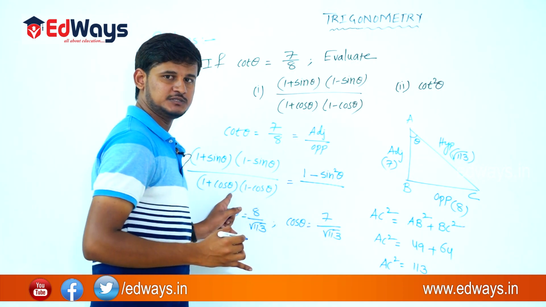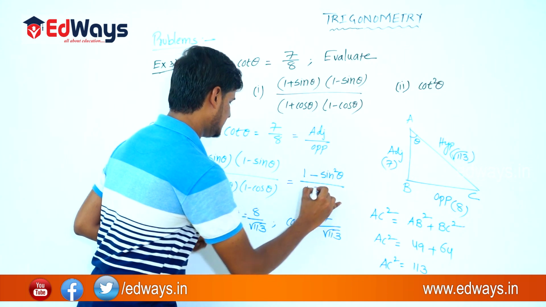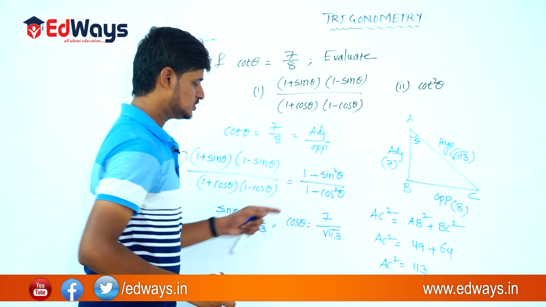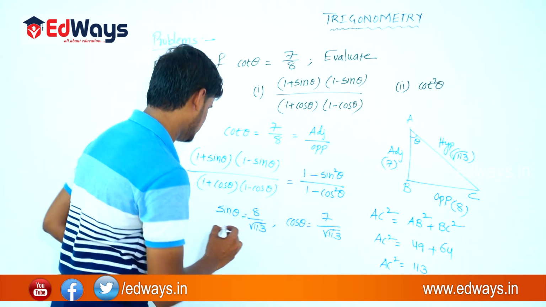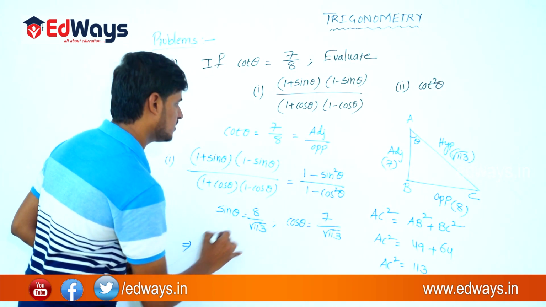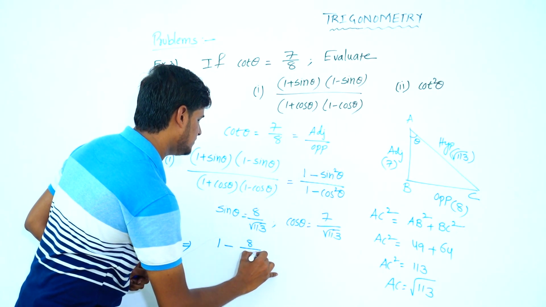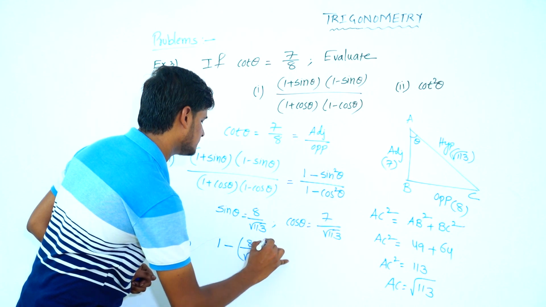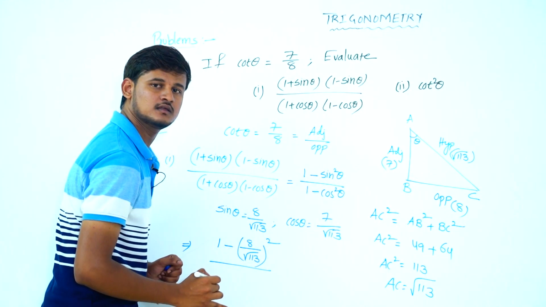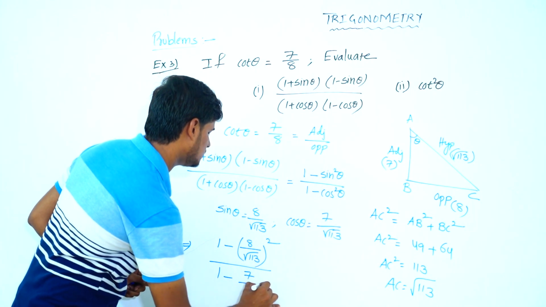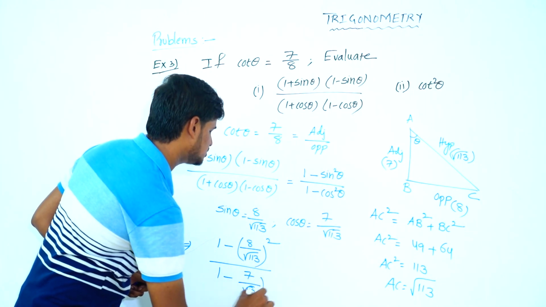Same, (a plus b)(a minus b), so 1 minus cos square theta. Now let us substitute these values there. So 1 minus sin square theta is nothing but 1 minus (8 by root 113) whole square, by 1 minus (7 by root 113) whole square.